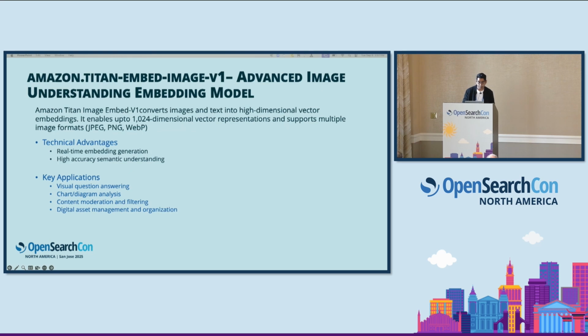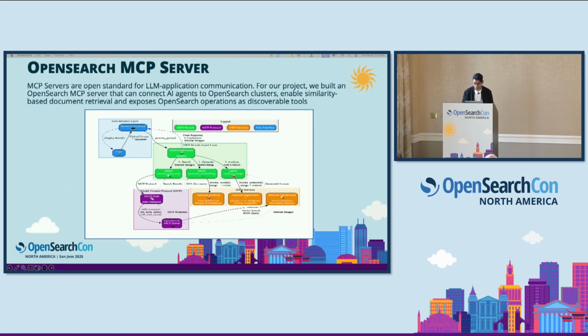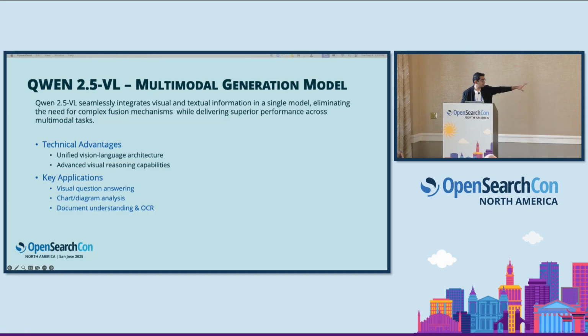Before I go further, I'll talk about the data set we've used as well. We used Visual QA, VQA, which is an open source data set with a very permissive license. The VQA data set is essentially a bunch of documents, not very dissimilar to what enterprises have, right?